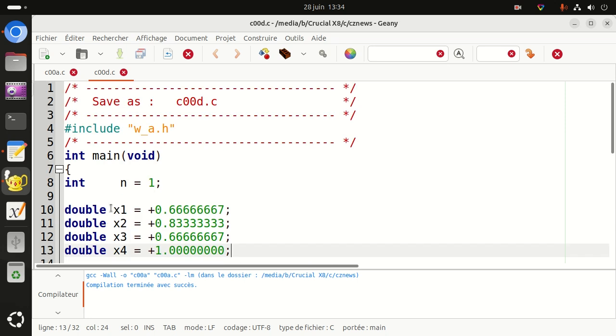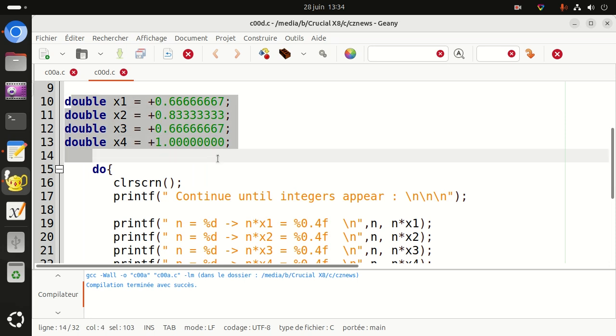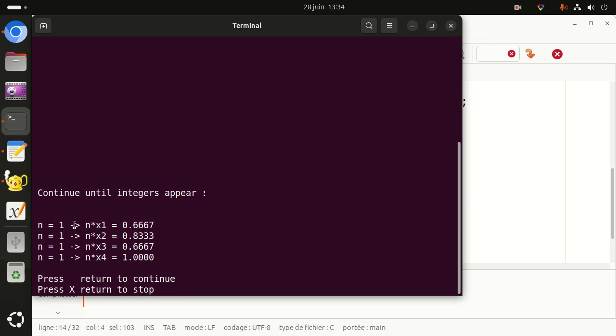I copy this free variable into this new file, and this file continues until the integer appears: 1, 2, 3, 4, 5, and when you repeat 6 times, you find the integer, and these values are the coefficients of my chemical equation.